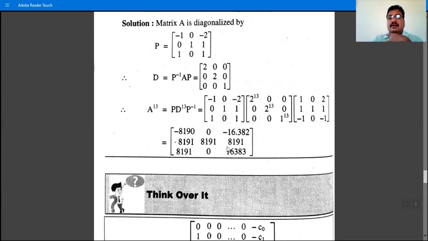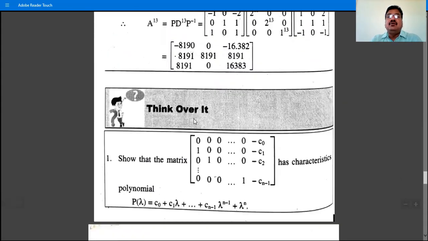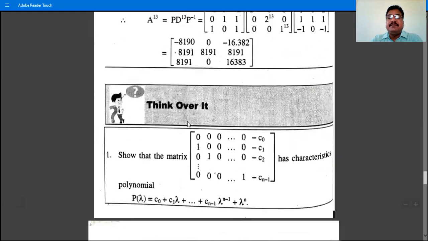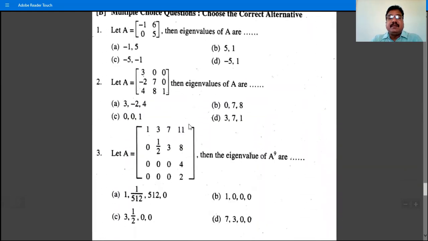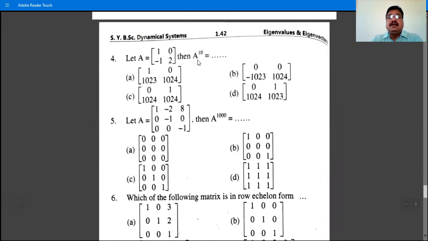So we have to apply this procedure to solve this MCQ type question. First find the capital D, and then A raised to 10 is P D raised to 10 P inverse. So we have this answer out of the choices.